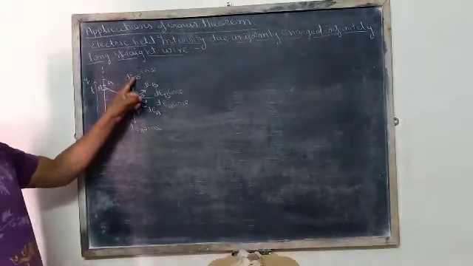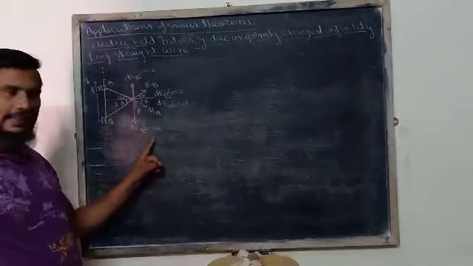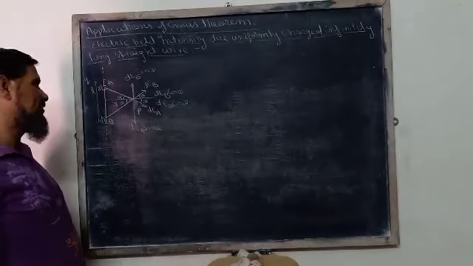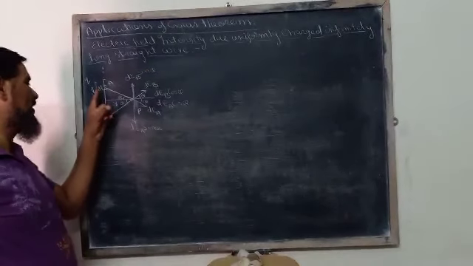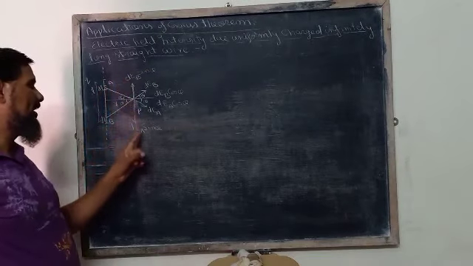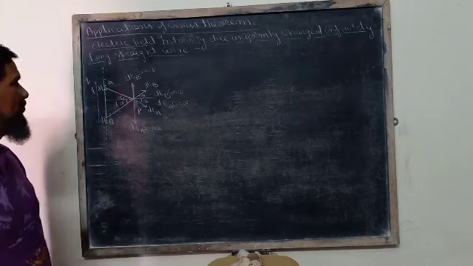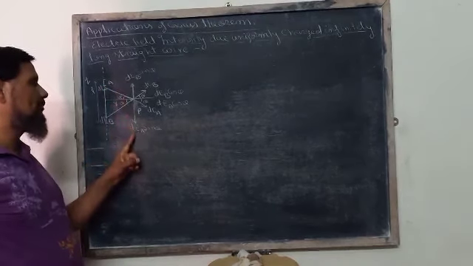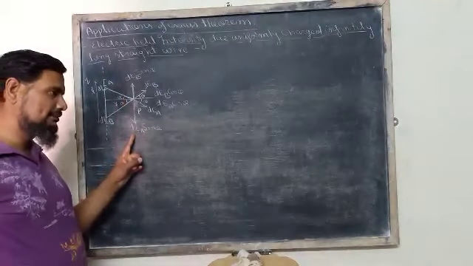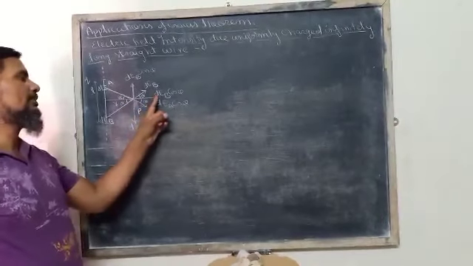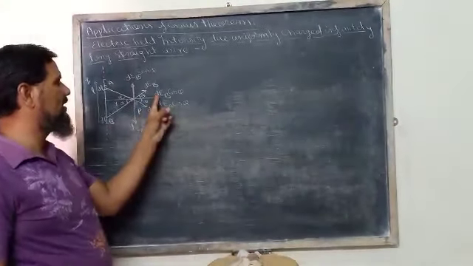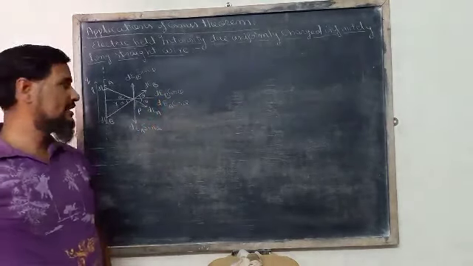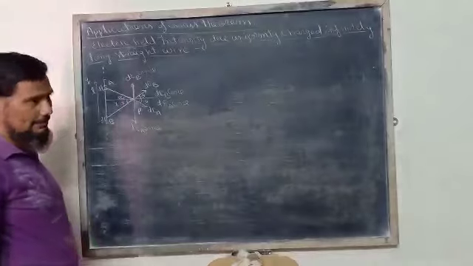We know that dE_B sin theta and dE_A sin theta are equal in magnitude and opposite in direction, because theta is equal and the length elements are equal, so dE_A and dE_B are also equal. Because they are equal in magnitude and opposite in direction, they cancel out, and the cosine components of dE_B and dE_A are along the same direction, so they add up.